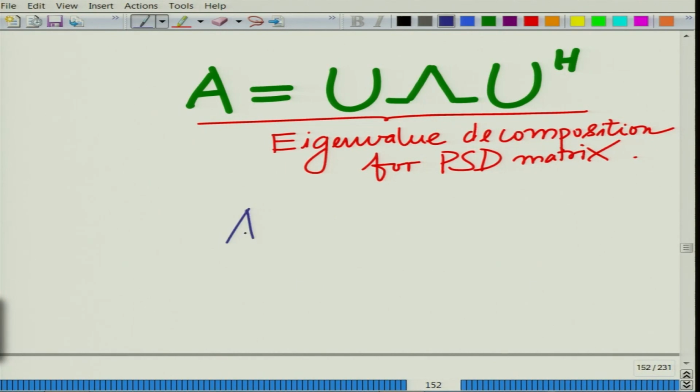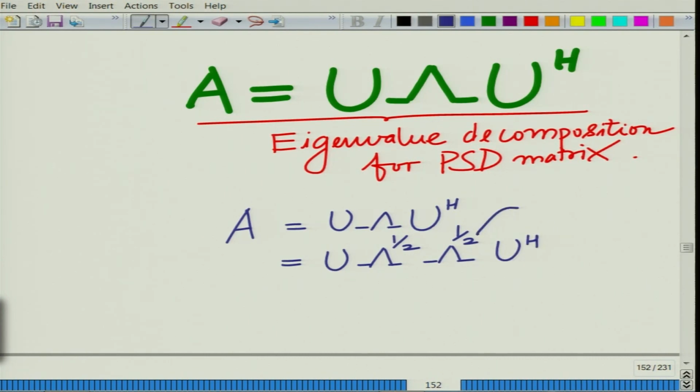So, you have A equals U lambda U Hermitian, which I can write as U times lambda raised to the power of half times itself. What is this lambda raised to the power of half? This is the diagonal matrix of eigenvalues. Eigenvalues are real, so I can take the square root. So, I can write square root of lambda 1 through square root of lambda n.